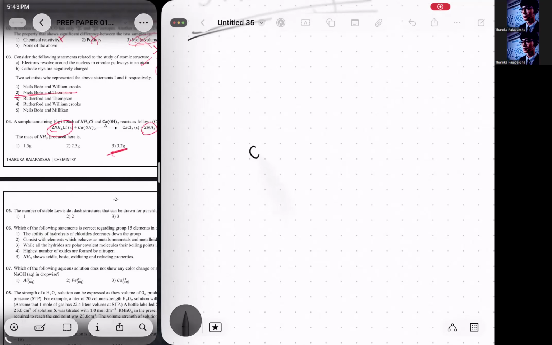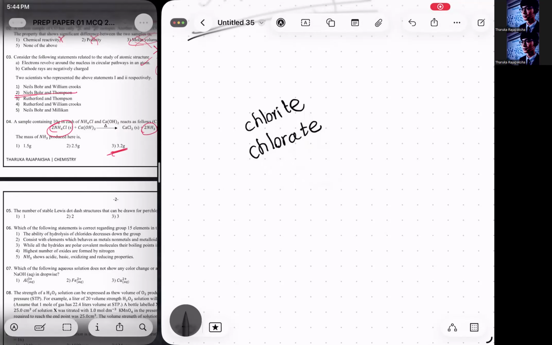There is chlorate, there is chlorite, and when you have low blood pressure, you call it hypotension. Hypo means lesser one. So hypochlorite comes here, and the one you expect here should be hypochlorite.